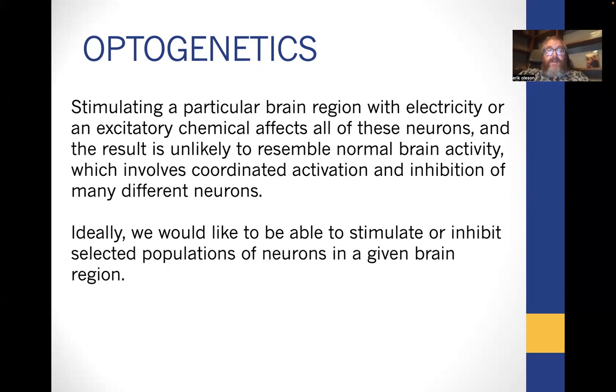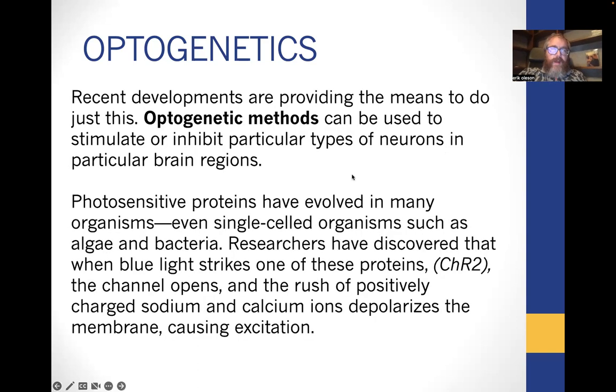So ideally, we would like to be able to stimulate or inhibit select populations of neurons rather than just depolarizing everything with electricity. So one way that we can do that is using optogenetics.